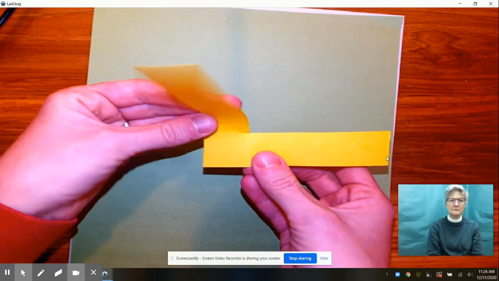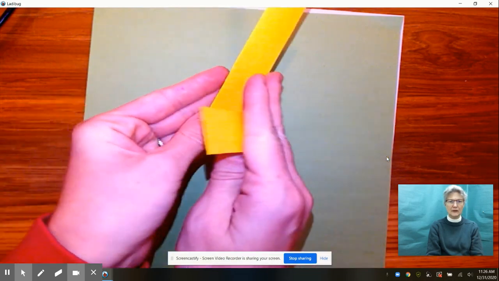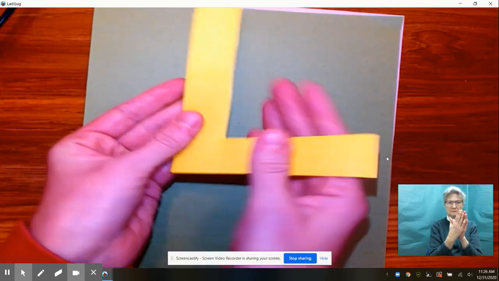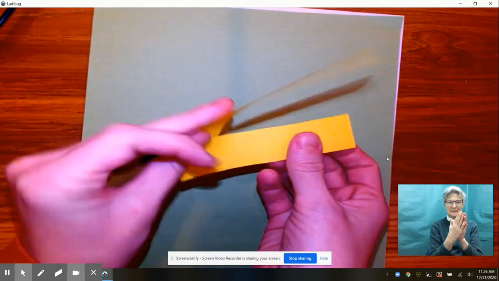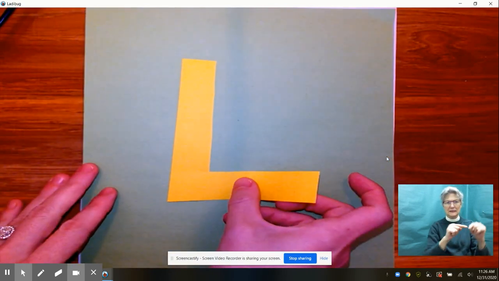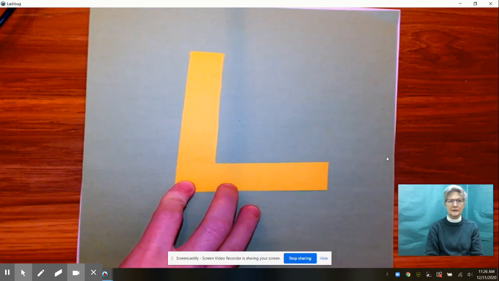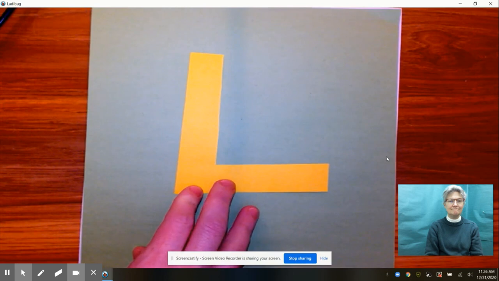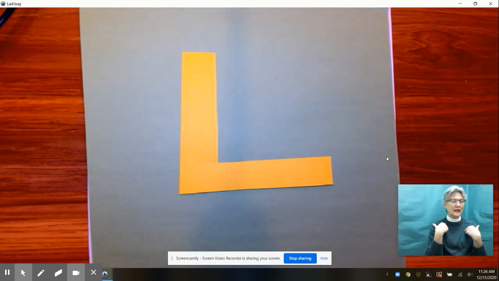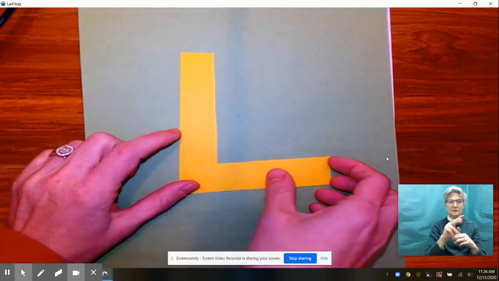We did horizontally, it didn't work. Let's try vertically. Nope. What about diagonally? There's no way that I can fold this L where it would be the same on each half. Therefore, this letter L has no lines of symmetry, which I'm sure you found from exploring with your own letter L.